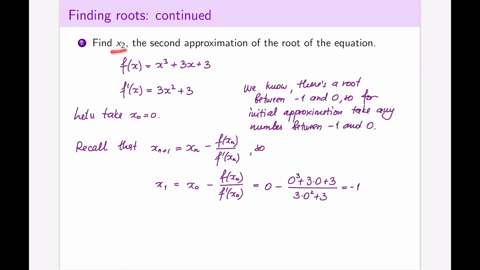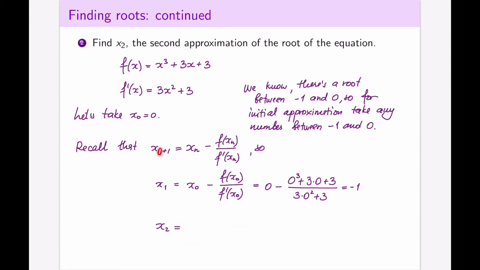But I'm asked to find x2, the second approximation. So I have to do this process all over again. Now, in finding x2, because the method is iterative, I'm going to have this formula in terms of x1.